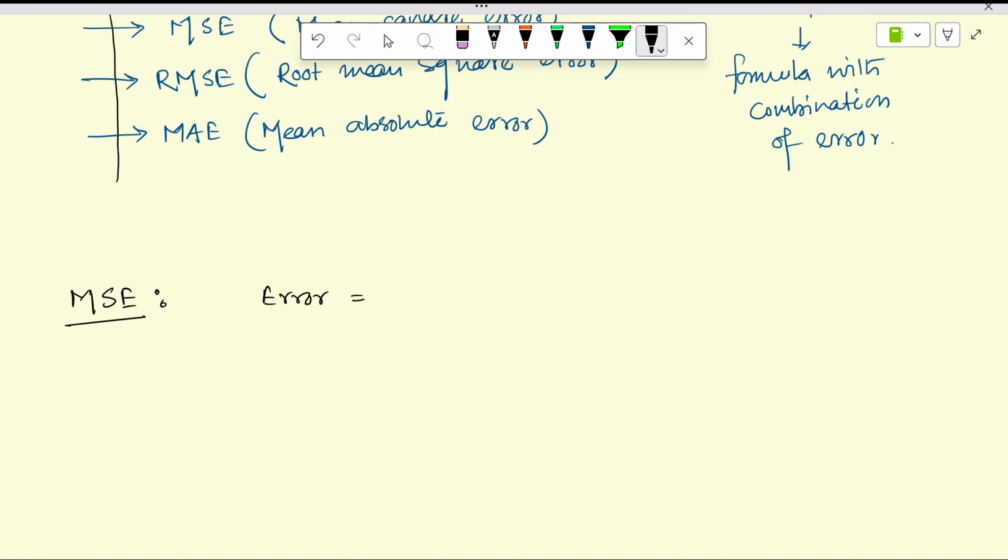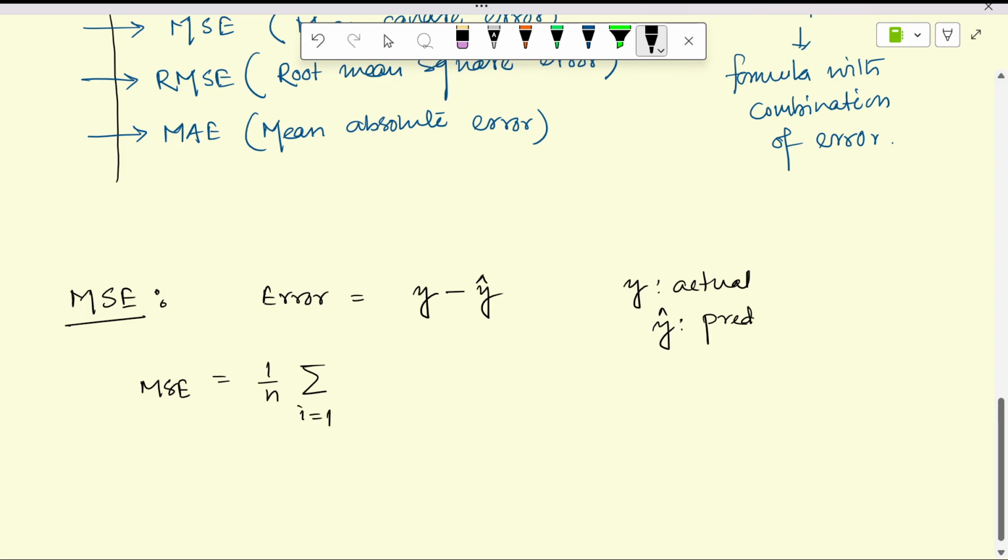Error is y actual minus y prediction, where y is the actual value and y cap is the predicted value. This is the error. Then take the square. So the formula will be MSE equals 1 by n, summation of i equal to 1 to n, (yi minus yi cap) whole square.